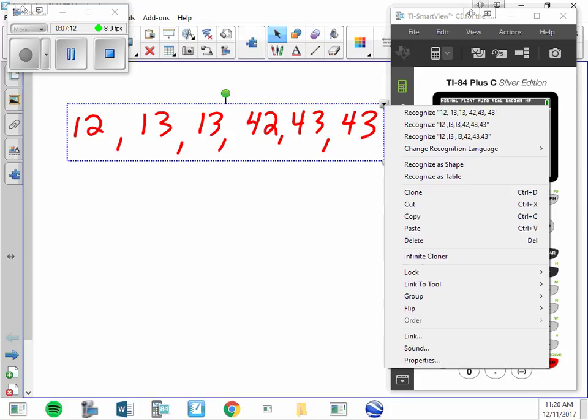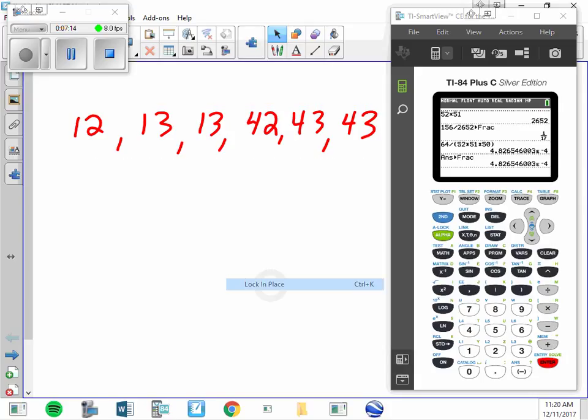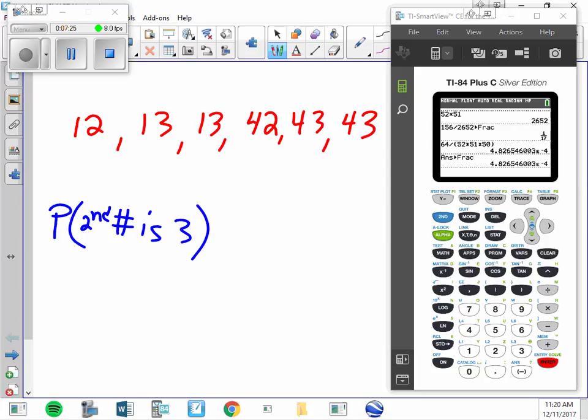Okay. And this is something that's important to know, so we can spend a little bit more time on it. What is the probability that the second number is a 3? Well, 1, 2, 3, 4 out of 6, which is 2/3.